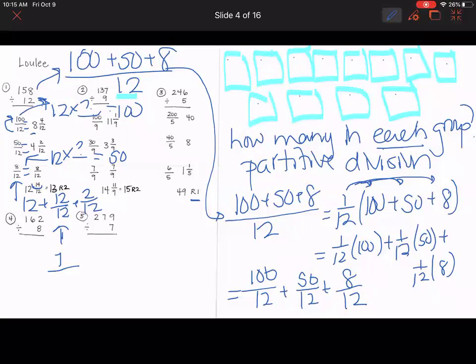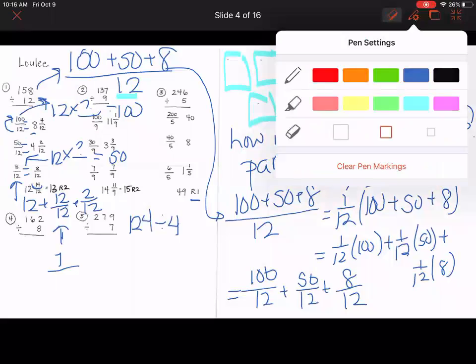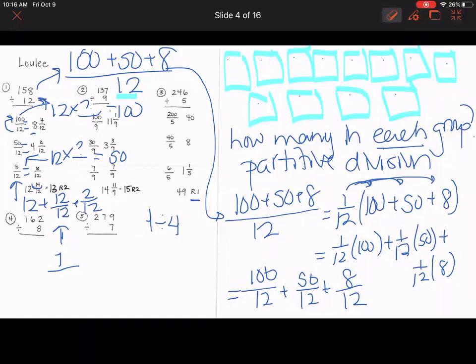So now I want you to try it with number 4 or number 5, or make up your own numbers. Maybe make up prettier numbers, or numbers that you know are going to work. Like think about 124 divided by 4. And maybe I should have changed the colors here. Let me erase this so I can change the colors. Right, 124 divided by 4.